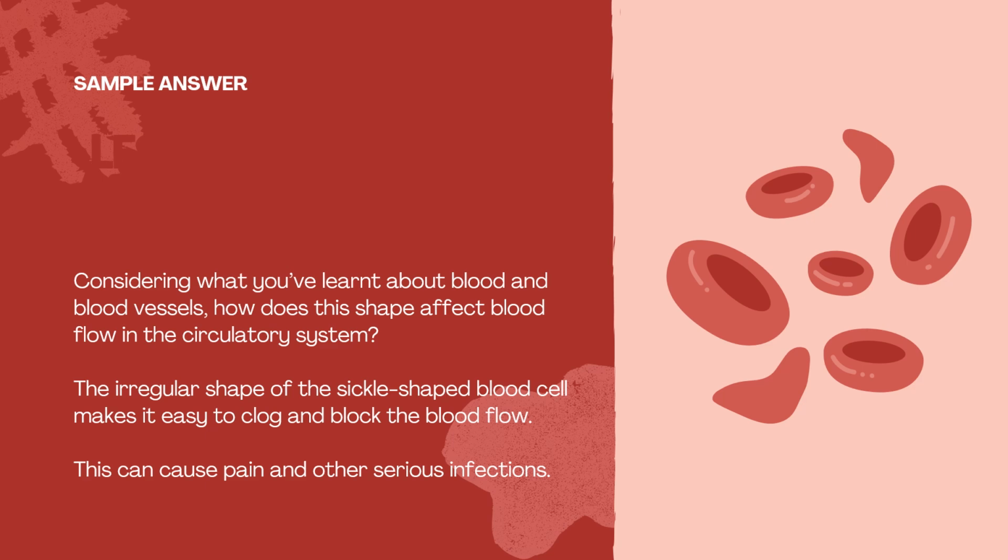Just imagine this is a pipe, or we can say a blood vessel. We know the healthy ones are disc-shaped and they go through easily, but when they have a shape like this, they get stuck in the pathway of the blood flow. This can cause serious infections and other pains also.